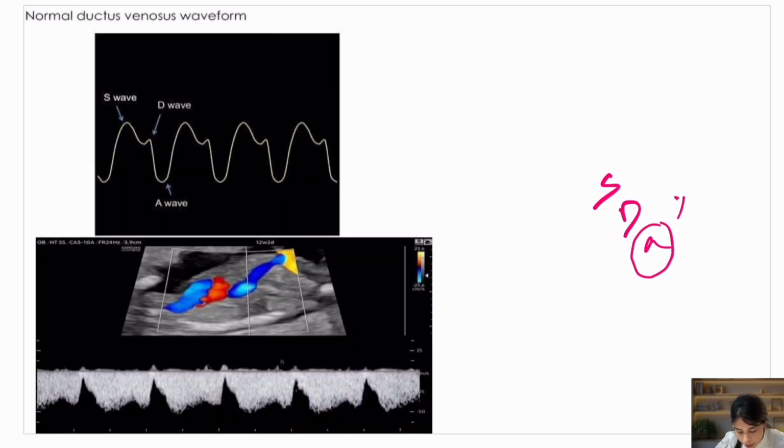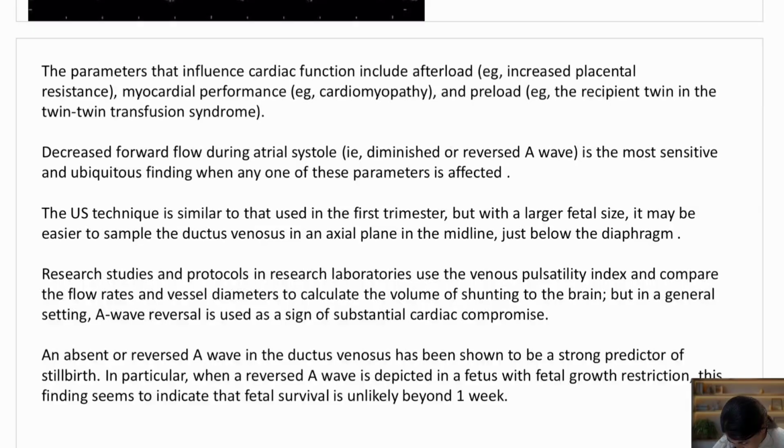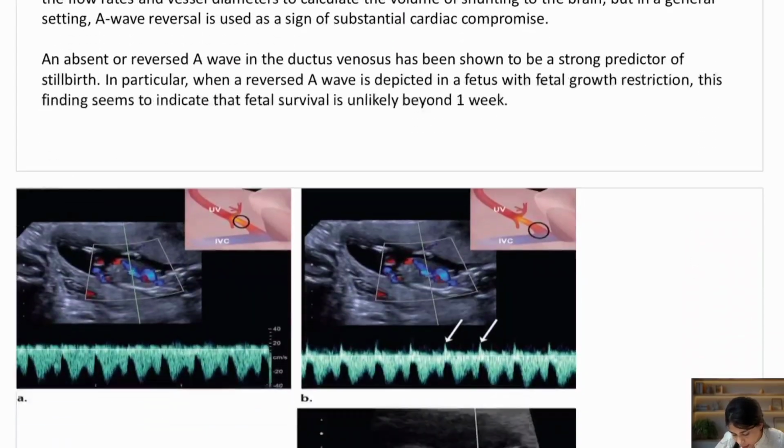Most important is to look for this A wave, because absence of A wave or its reversal is pathological. Okay. So, as I have said, in the first trimester, if there is absent or reversal of A wave, it predicts there are chances of aneuploidy and there can be congenital heart defects.